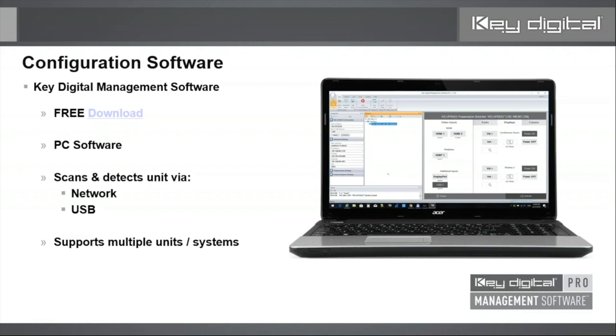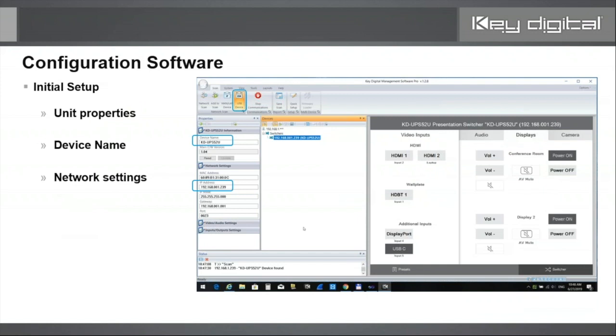You will connect to the USB on the front of the unit, and in step number 1, you name the device. Why do you name the device? You can have many devices on the same network.